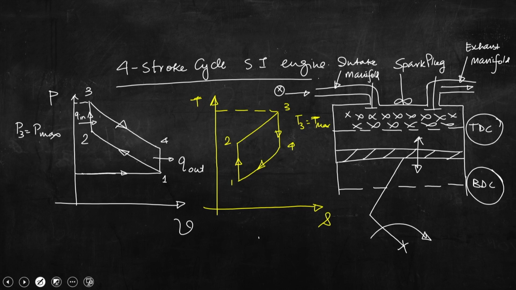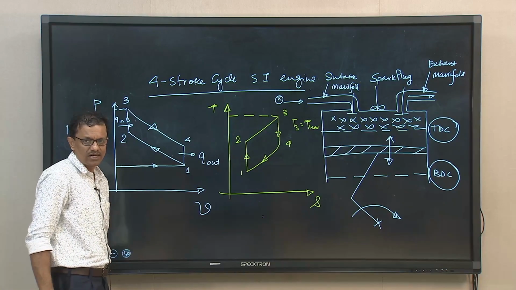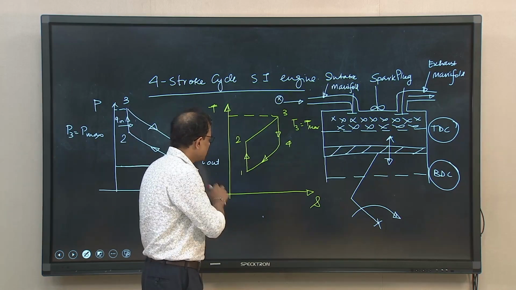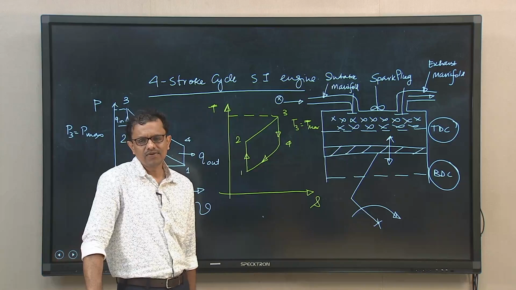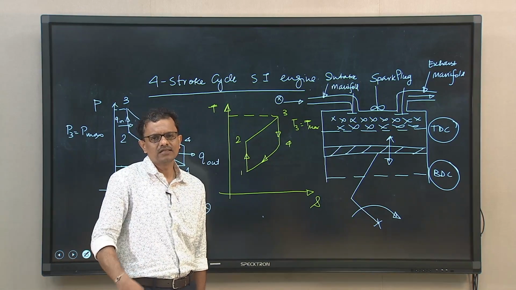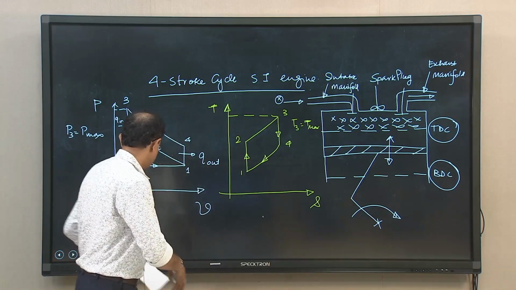So, now these two are the representation of all these processes in two different thermodynamic planes. One is the PV plane, another one is the TS plane. So, from this we shall try to quantify what could be the thermal efficiency, or later on we shall see that it is basically the indicated thermal efficiency.